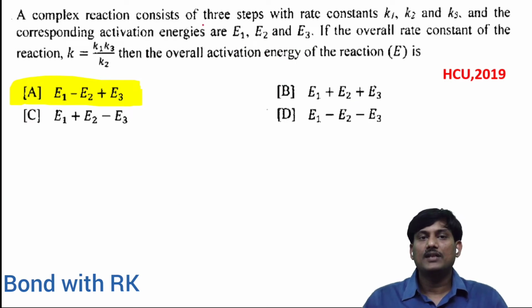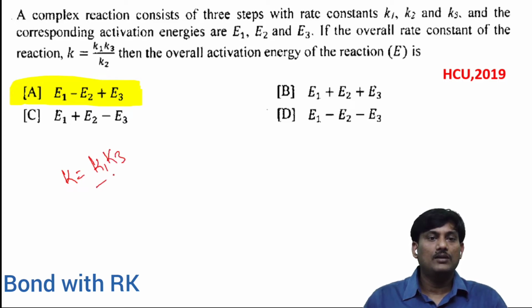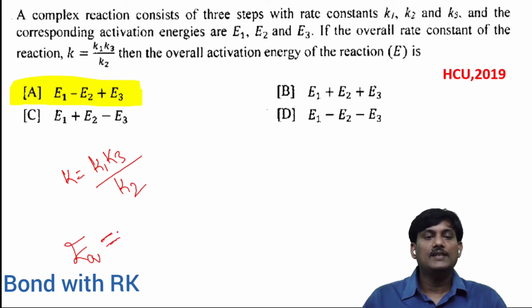The complex reaction consists of three steps with the rate constants K1, K2 and K3, and the corresponding activation energies are E1, E2 and E3. The overall rate constant of the reaction is given as K is equal to K1 K3 divided by K2. When you take activation energies, the relations will be: when there is a product, there is an addition in activation energy.